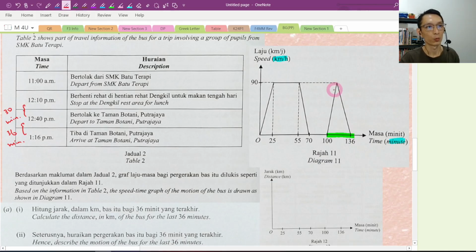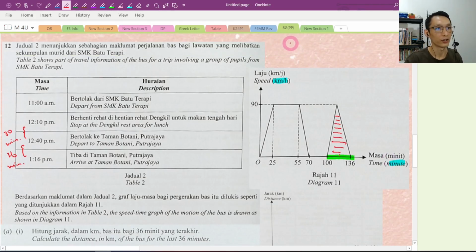Now this is speed against time. We want to find the distance travel. We find the area under the graph, right? The area under the graph. But because this is minutes, what we need to do is first is to change the minutes become hours first. So the distance travel will be 1 over 2 triangle, right?